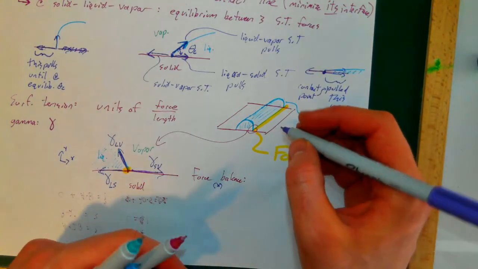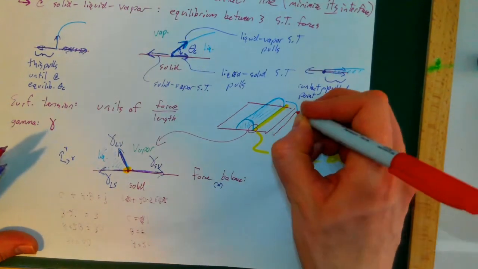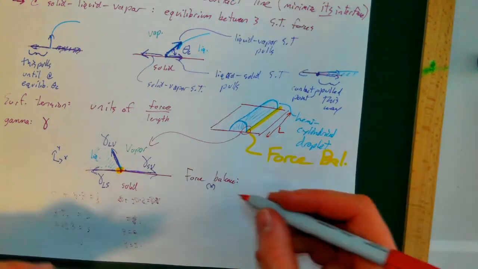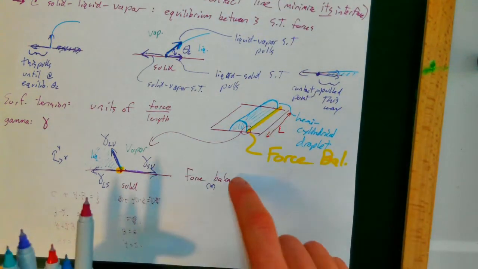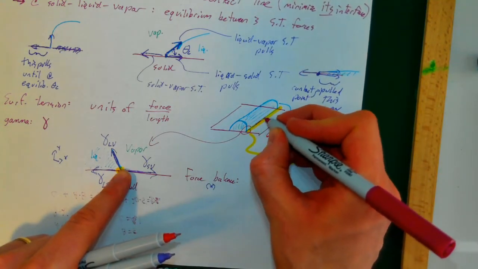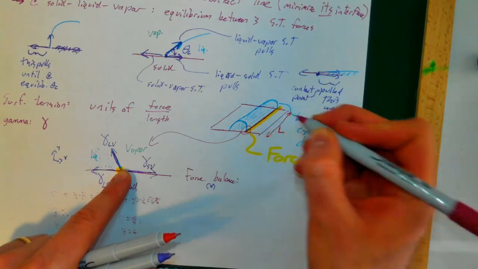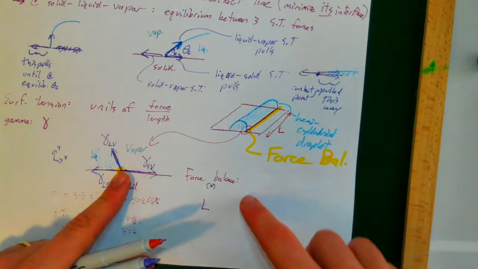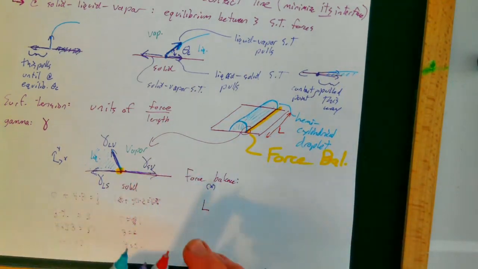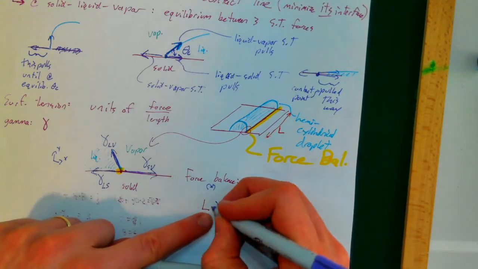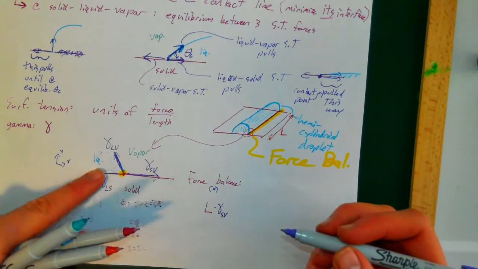Well, you can imagine if I had some length L of this contact line, the force per unit length is acting on this whole line, and surface tension has units of force per length, so the force in the x direction from this would be L times the solid vapor surface tension, and that's acting in the positive x direction.